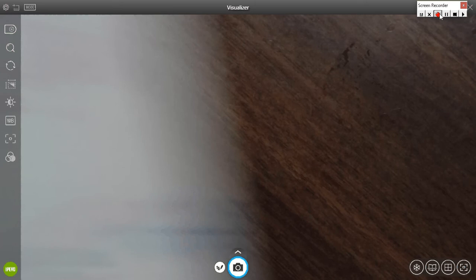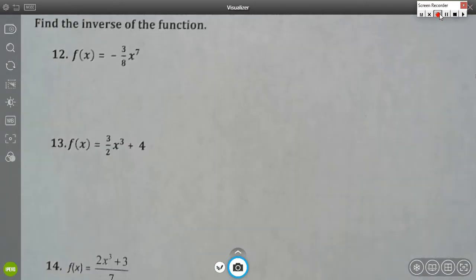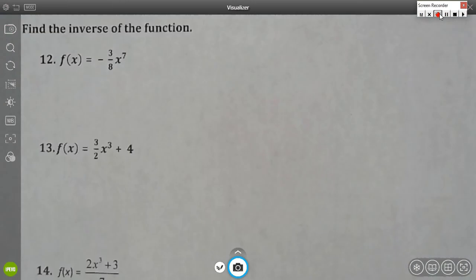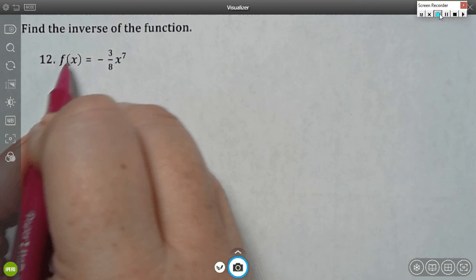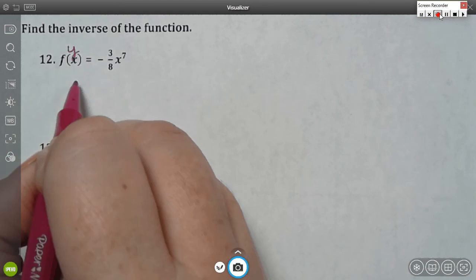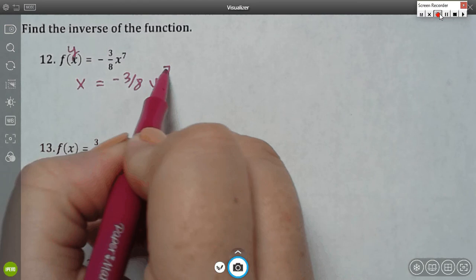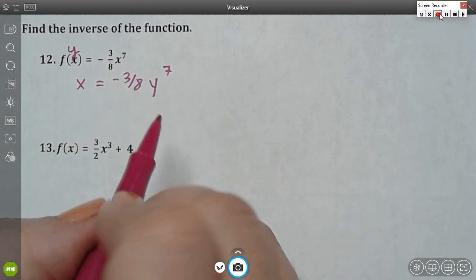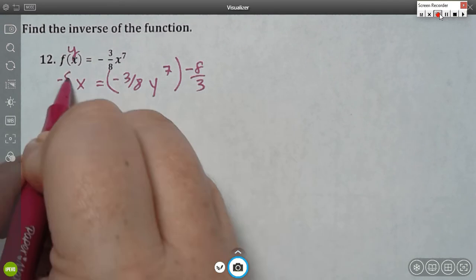Moving right along then to number 12. Find the inverse of the function. So of course remember f of x is the same thing as y. So if this was y, I'm going to switch x and y and just run through the process of solving this for y. So the first thing I want to do is get rid of that fraction, so I'll multiply by the reciprocal.